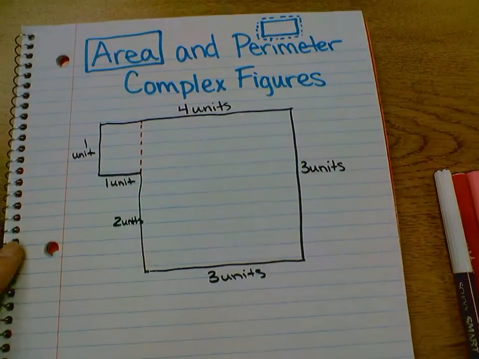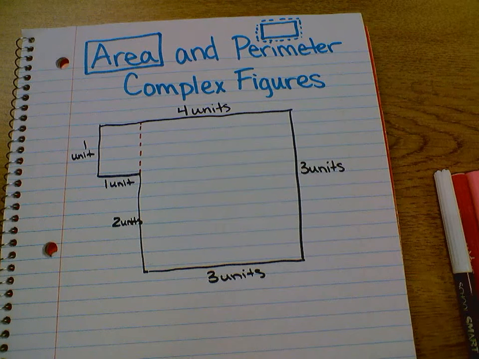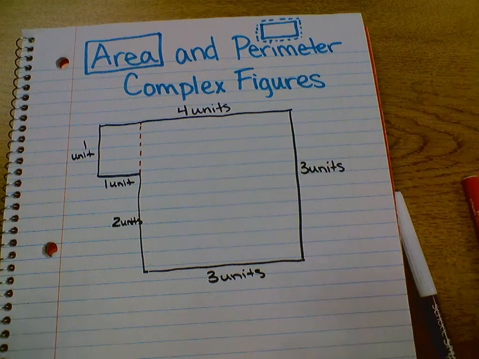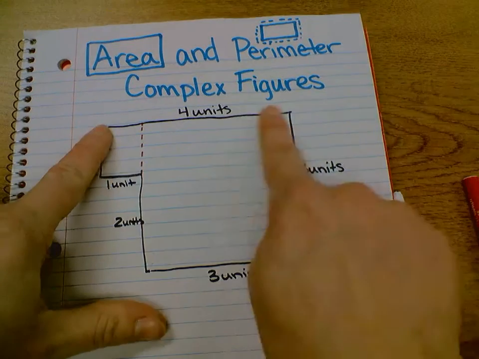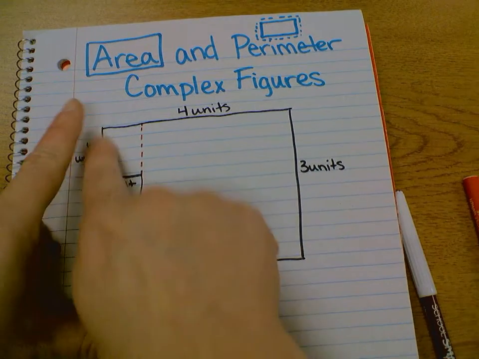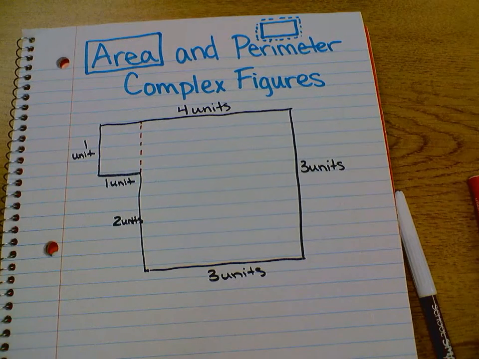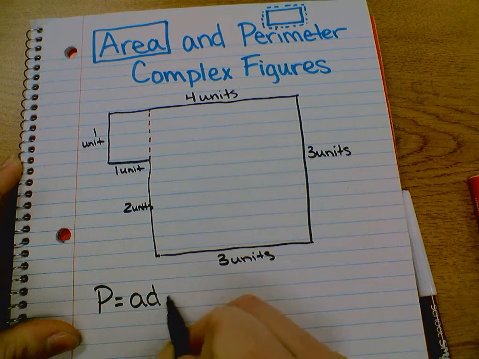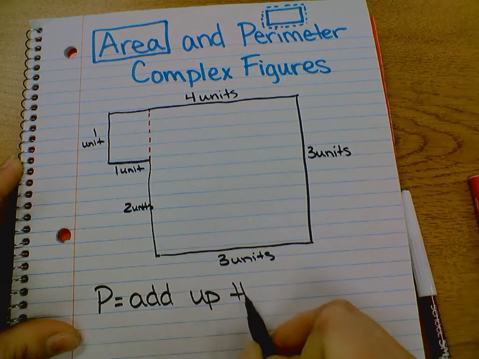Okay? So, before I find the area, I'm first going to just add up all my sides. We figured that out today. Add up all the sides, that equals perimeter. So perimeter, you add up the sides.